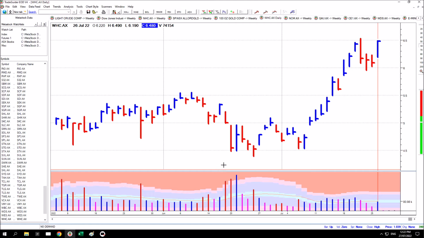Now, the first thing to notice is the shape that we've got in front of us. I won't say anything too quickly. If we roughly look at this shape, if people have been watching my videos, they may know what it represents. It's a W shape. Hopefully you understand that, and that's often a sign of accumulation.